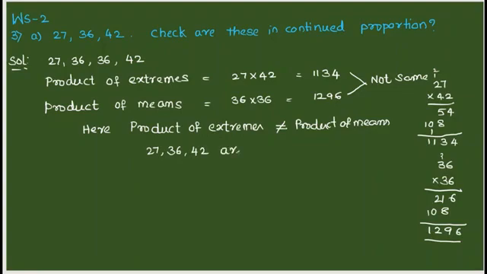You need to write: are not in continued proportion. When you write four numbers as three numbers, you need to use continued proportion. So now here they are not in continued proportion. So this is the solution, children.